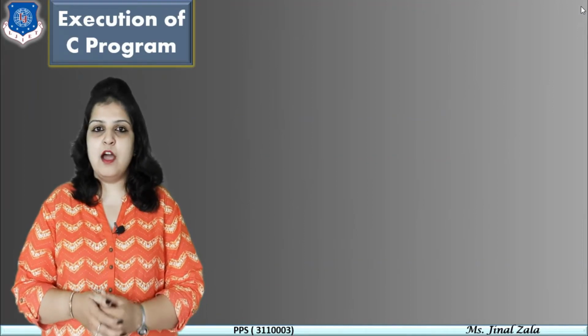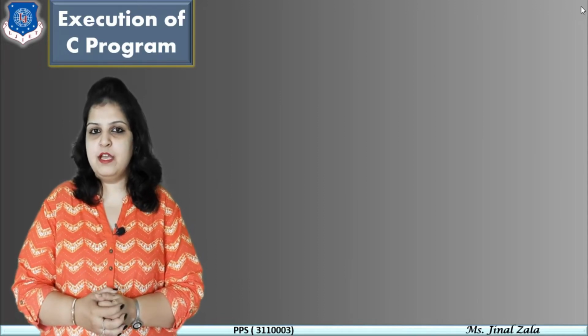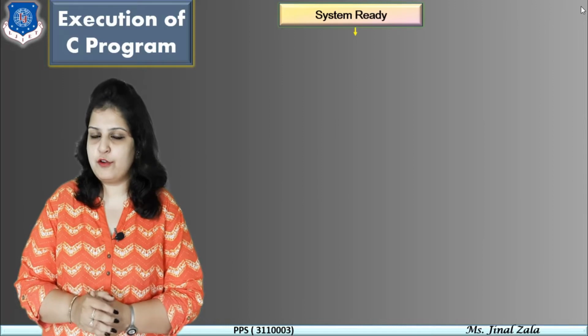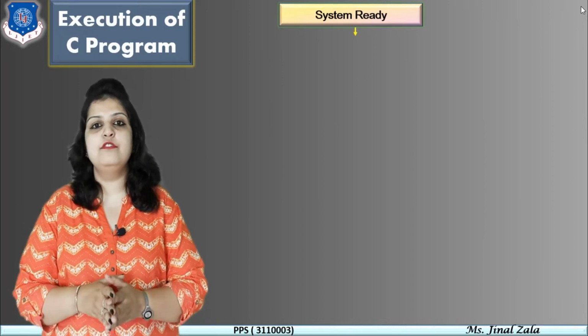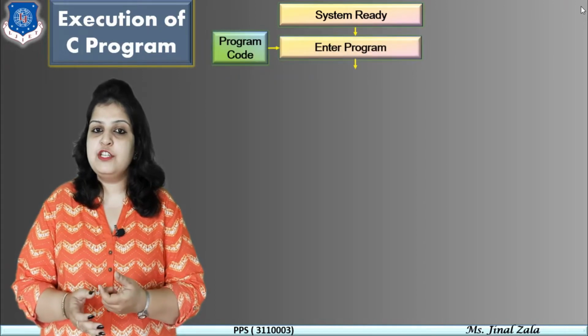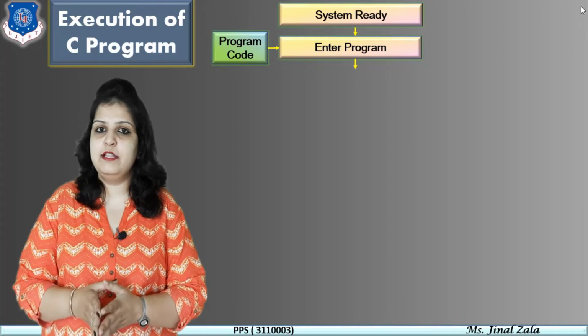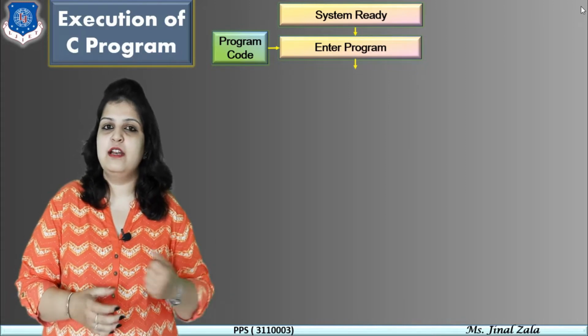So let's see. Our very first step is to start the computer. The first step is whether the system is ready or not. Then, after opening your computer, you have to check whether the application for programming is available or not. If not, then you have to install a particular application.